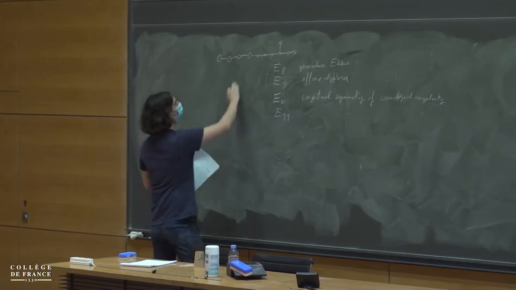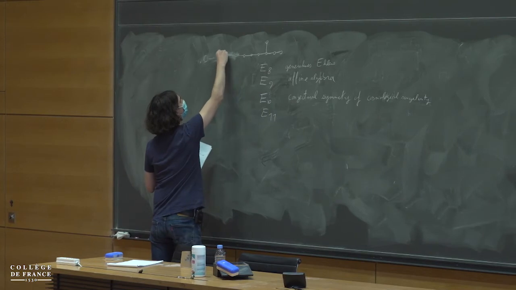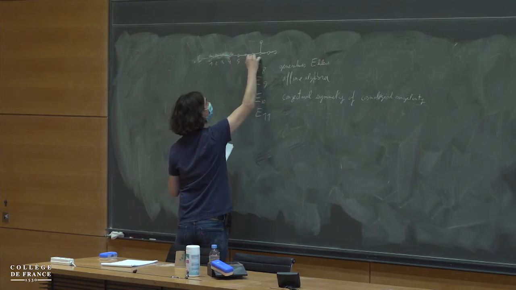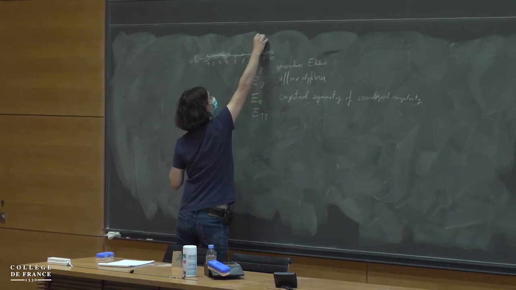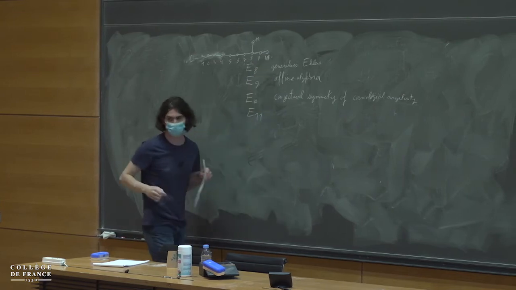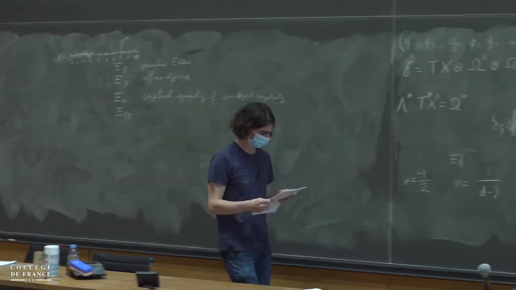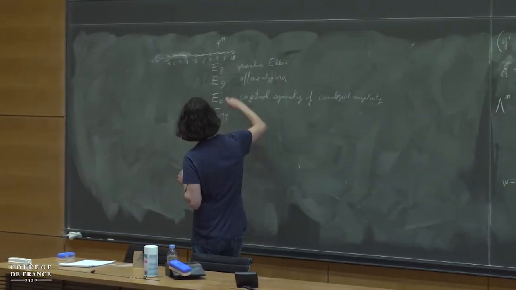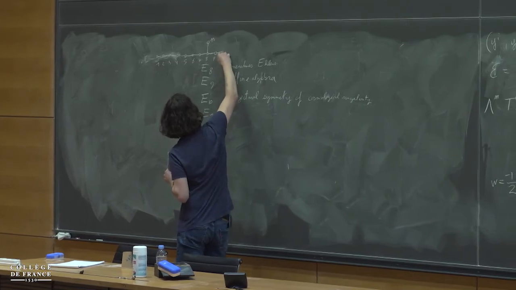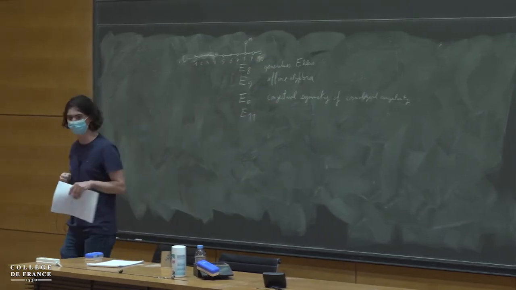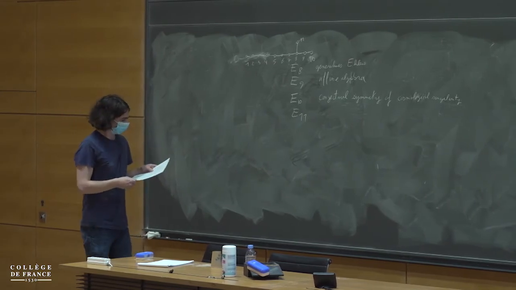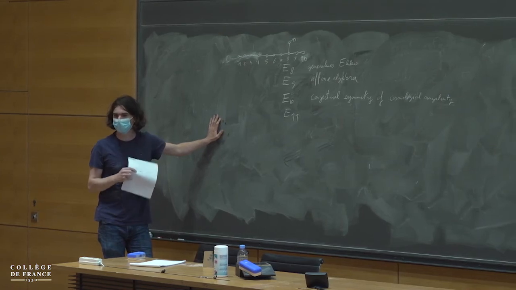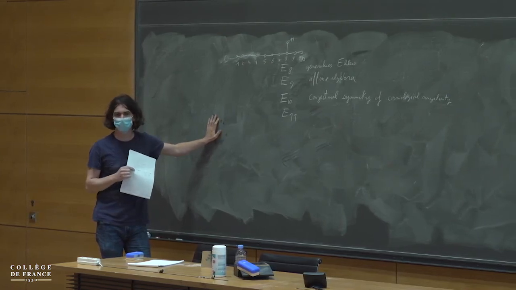So for the labeling, my diagram is not very pretty, but I will label the node 1, 2, 3, 4, 5, 6, 7, 8, 9, 10, and the 11th node is the one that makes the group exceptional. The last one is 10. Sure, thank you. The numbers were correct, but I don't want to call it 11 yet, otherwise there is a problem. So I will not give the standard definition of Kac-Moody algebra, but I want to give one which is related to the way we think of it in 11 dimensions.